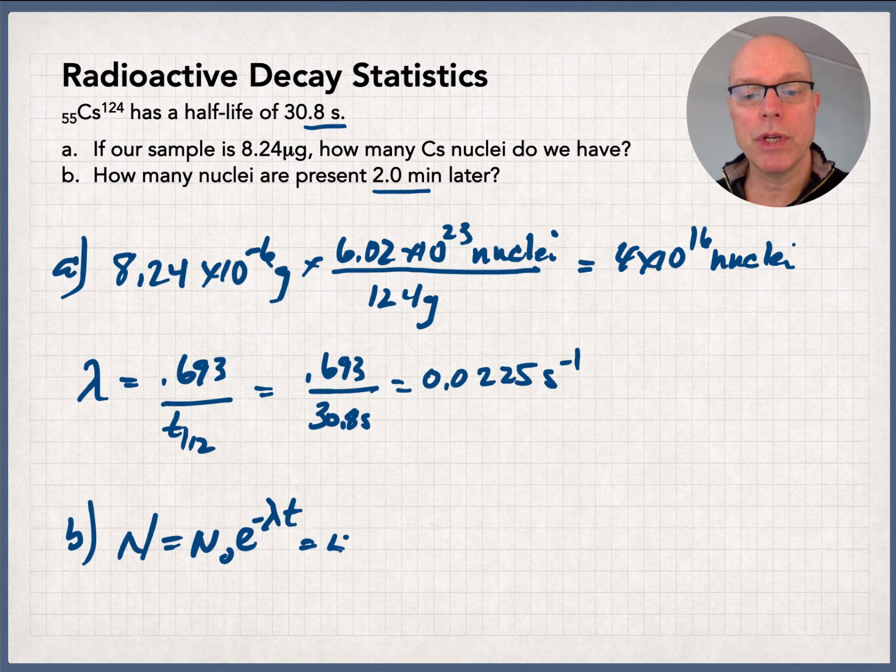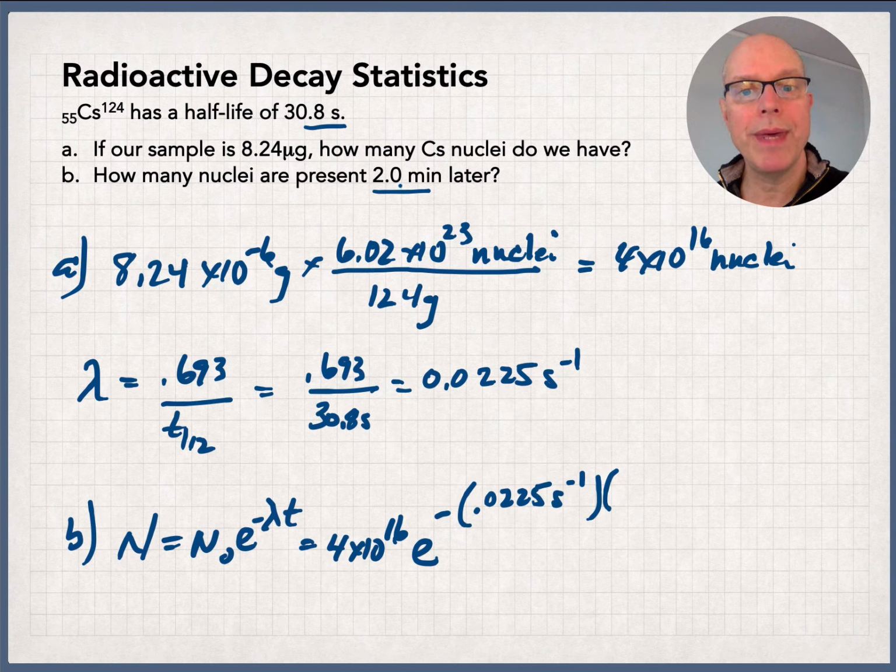So this is going to be 4 times 10 to the 16 nuclei, times e raised to the negative lambda t, so 0.0225 seconds to the minus 1 times, in my exponential, 2 minutes. That has to be rewritten in seconds. See what I mean? It's really important to pay attention to the labels. You're in the power of an exponent, and you cannot have labels left over in the power of an exponent.